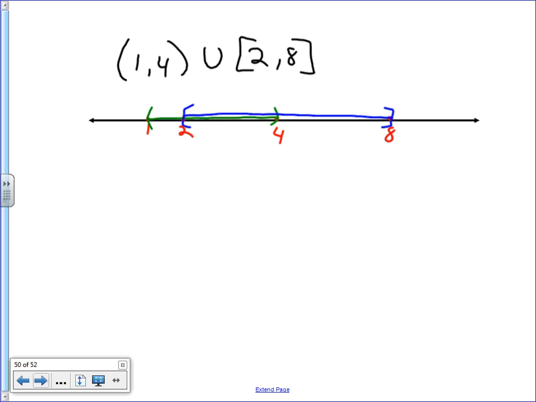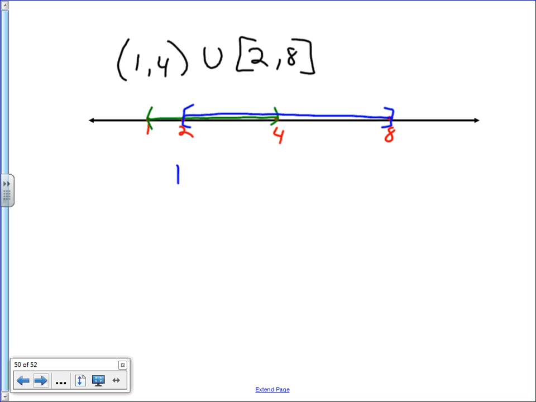Please write that statement, and the symbol in the middle doesn't say intersection now. It says union. Can I name the union of all of these points? In other words, can you name this interval that got graphed at least once? At least once. What got colored at least once? Well, we started down here at 1.